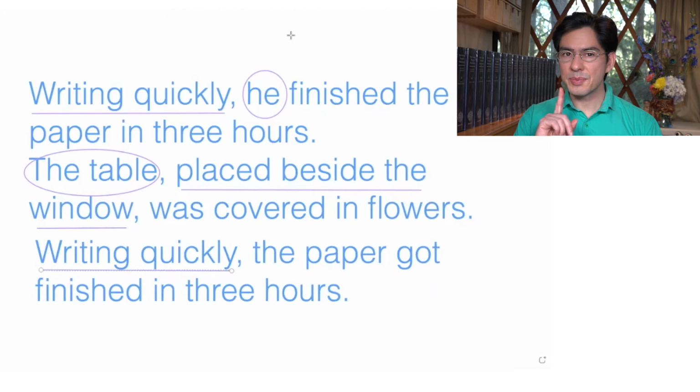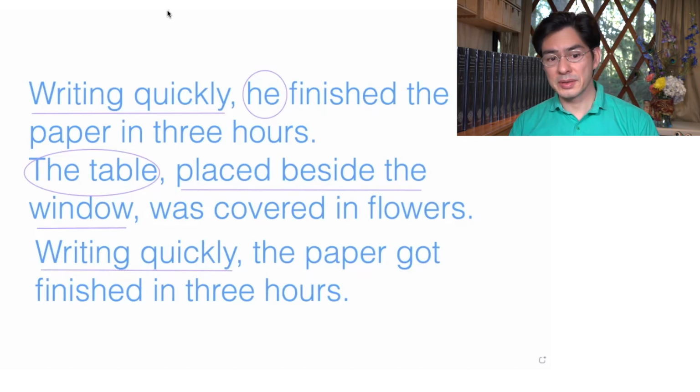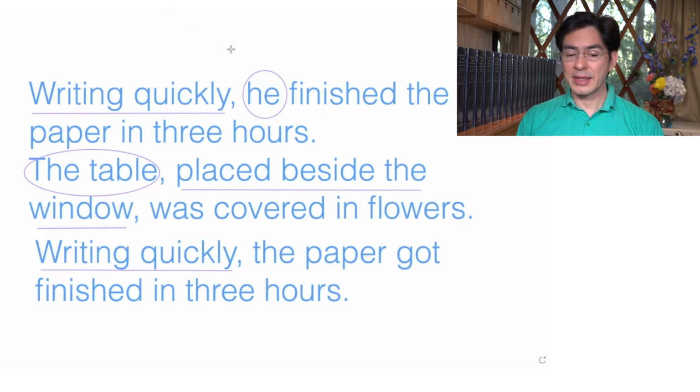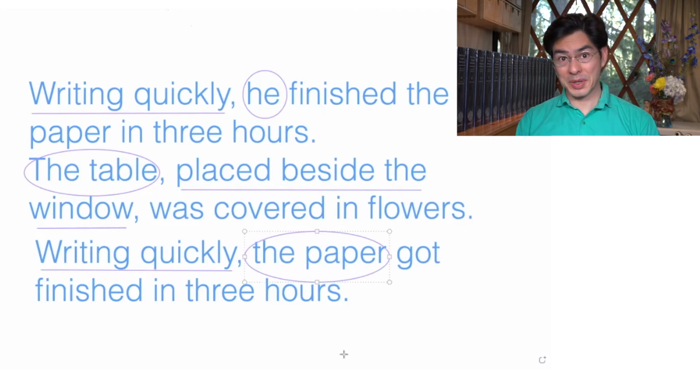But notice that there's a problem. If we read this sentence sort of casually and quickly, we think, oh yeah, somebody was writing quickly, therefore the paper that they were writing got finished in 3 hours. But grammatically speaking, this leaves open the question of who or what was doing the quick writing. And the sentence suggests, even more interestingly, that it was the paper that was writing quickly. And wouldn't it be wonderful if papers could write themselves?